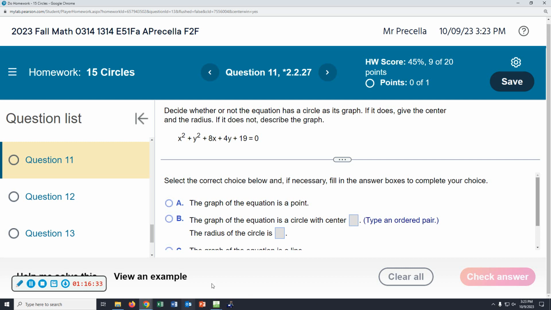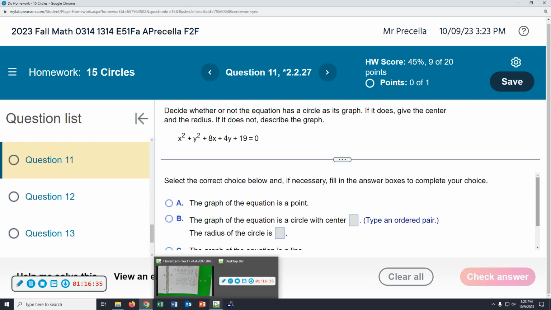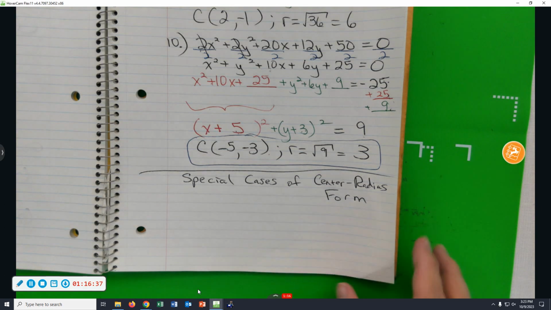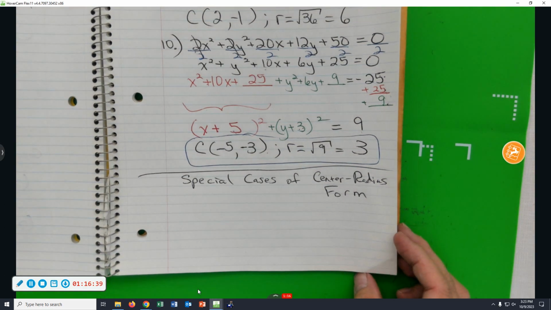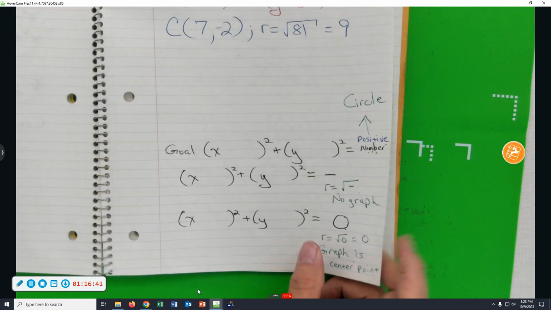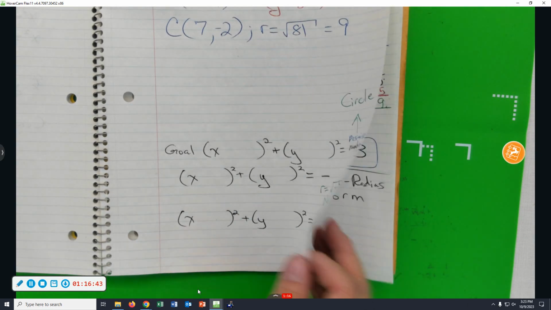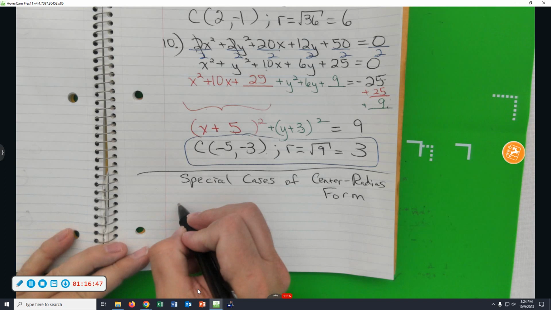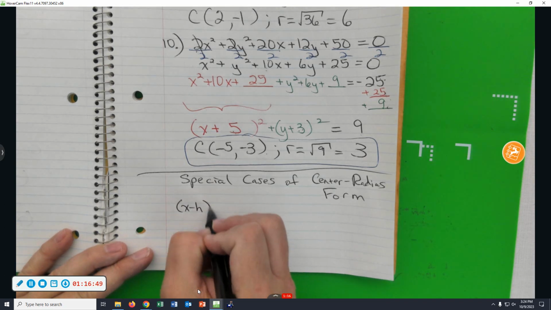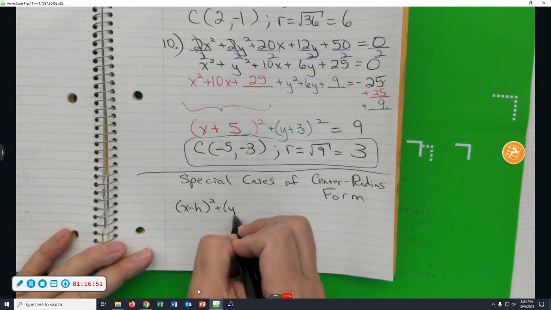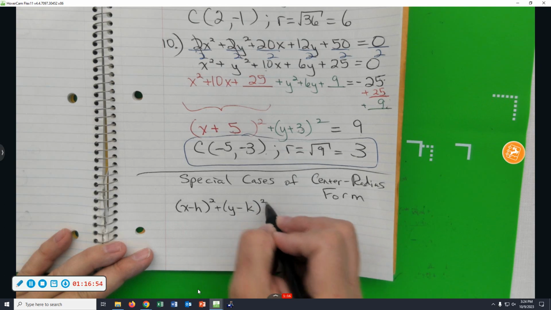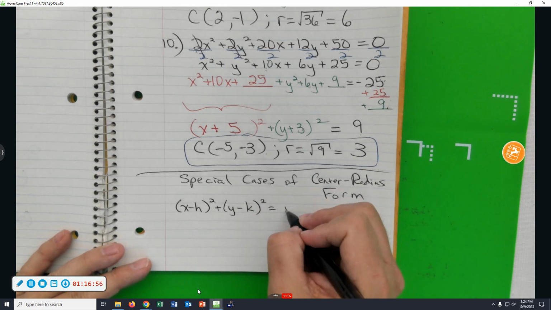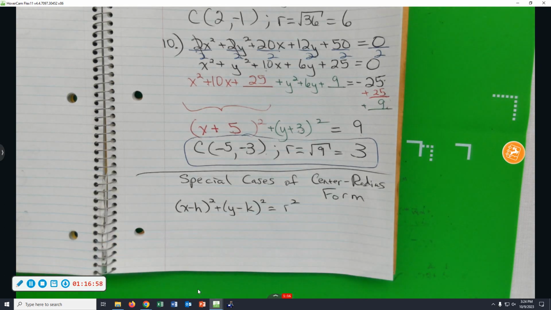Okay. Special cases of center radius form. I was mentioning that back over here. That looks like such a mess. If you have center radius form, x minus h quantity squared plus y minus k quantity squared equals r squared.